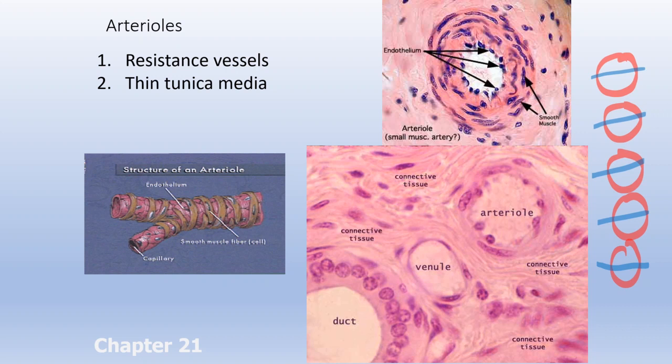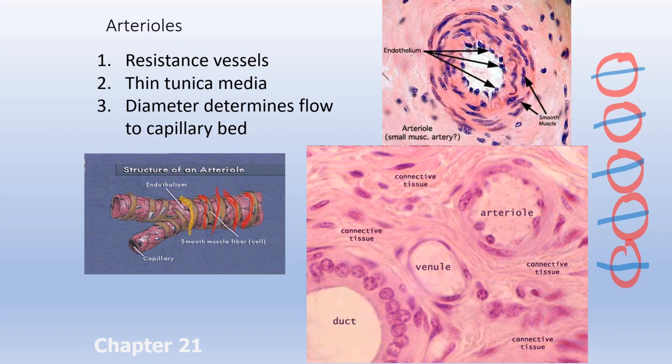However, again, their collective tunica media is what's important. In fact, look at this picture down here on the left. You can see that the tunica media, those sheets of smooth muscle that I'm highlighting here, they're not even like full sheets. You can see the endothelium peeking out from between them. So that's like a sweater with holes in it.